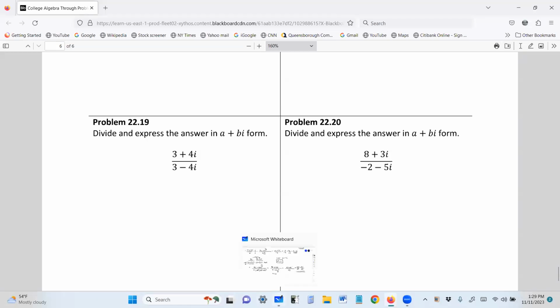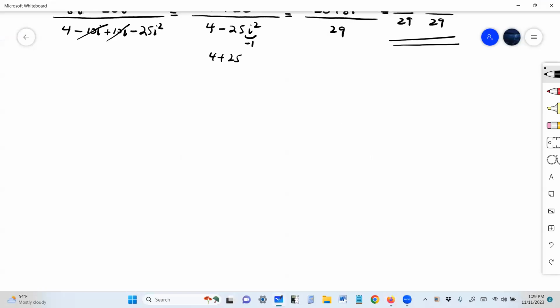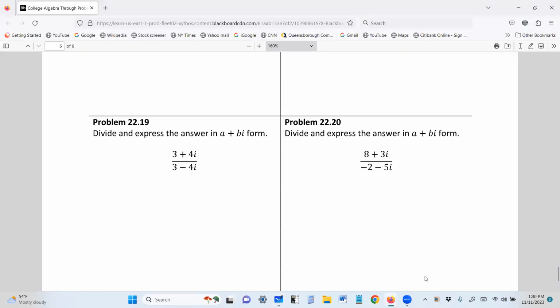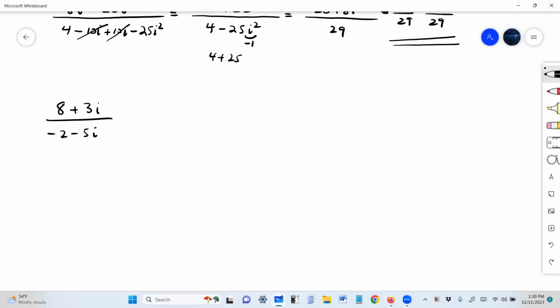So let's see. 8 plus 3i. Is it minus 2 minus 5i? Let's confirm. 8 plus 3i over minus 2 minus 5i. Yes, it is.